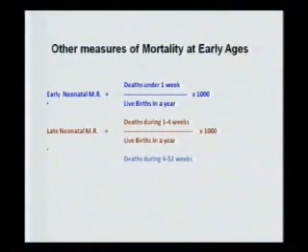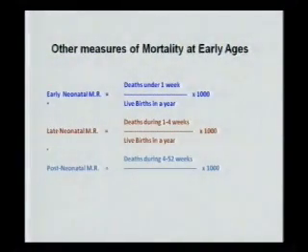And then you have deaths during 4 to 52 weeks, from 1 month to just less than 12 months, before the child could reach 1 year. That is known as post-neonatal mortality. These all show certain indicators of how health care is being provided.